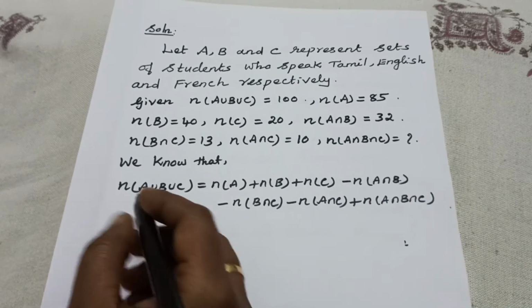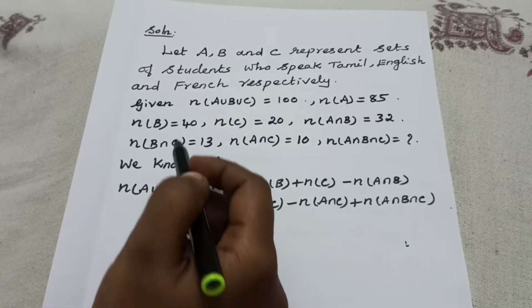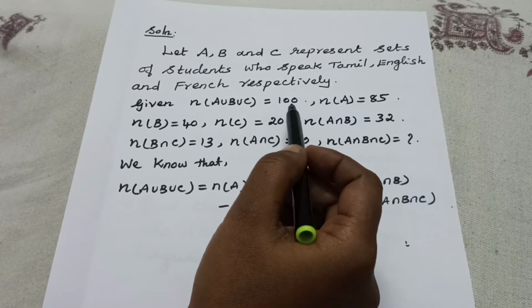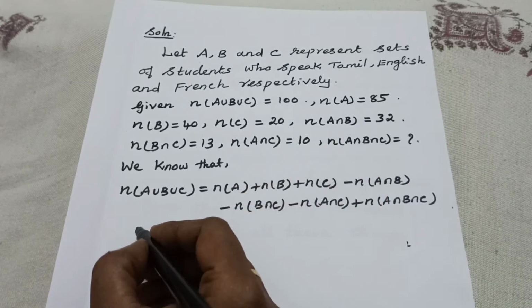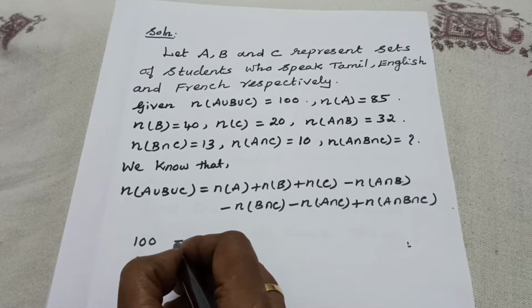Here N of A union B union C is 100, isn't it? That 100 we have to write here.